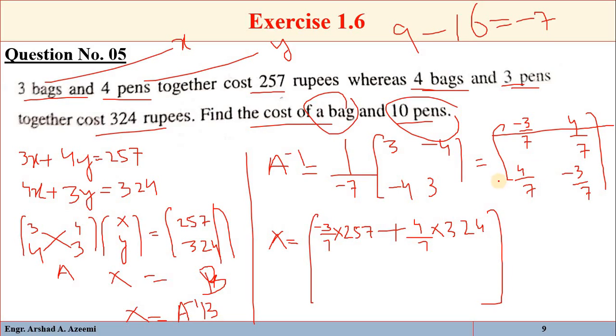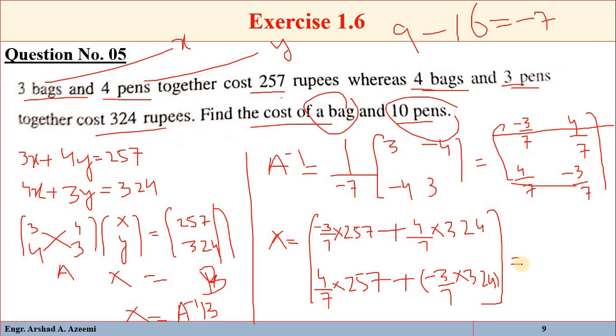Now the second row with this column, so 4 by 7 multiplied by 257 plus minus 3 by 7 multiplied by 324. Now we can simplify this matrix.